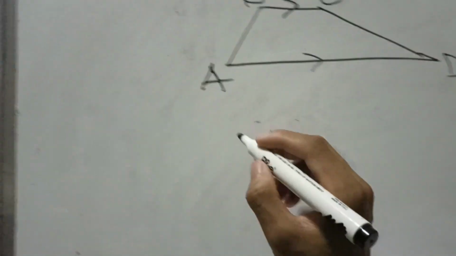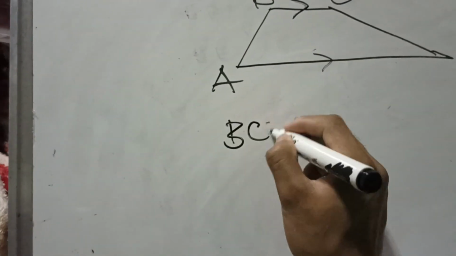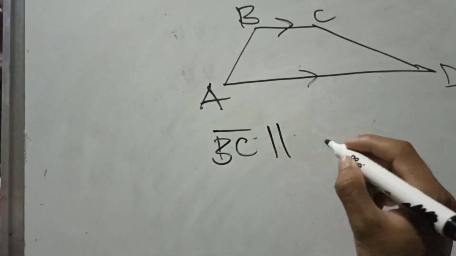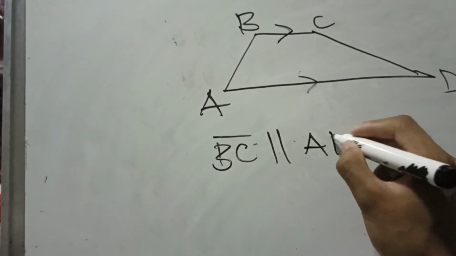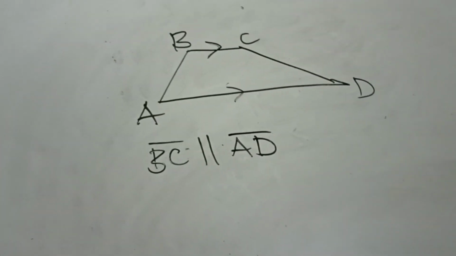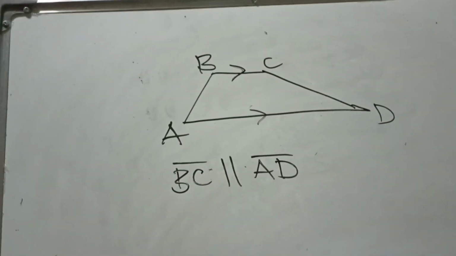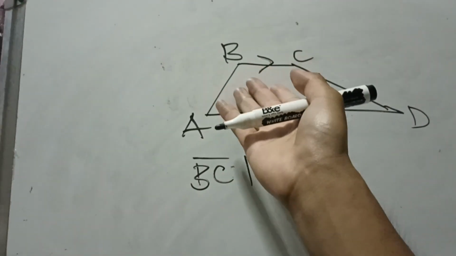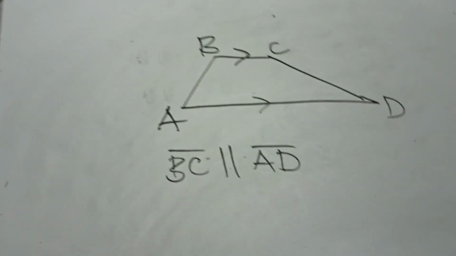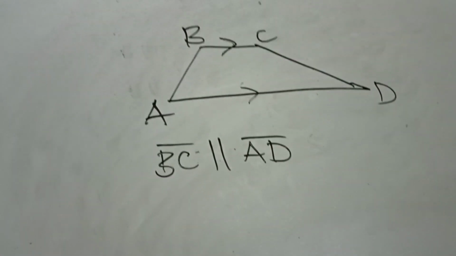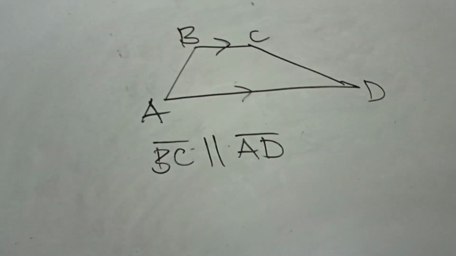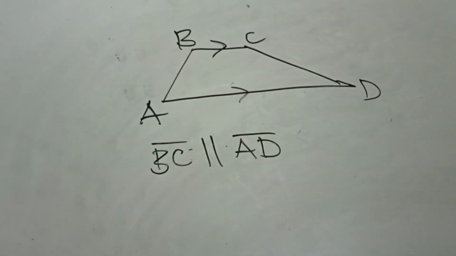That means line BC is parallel to line AD. Next, the angles of B and A, if we add them together, it's 180. That means angle A and angle B is supplementary.